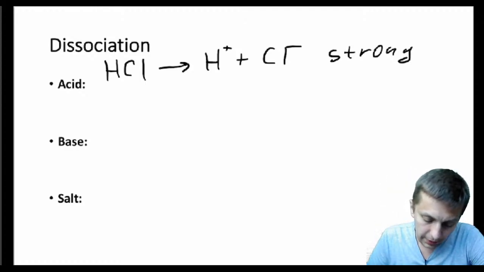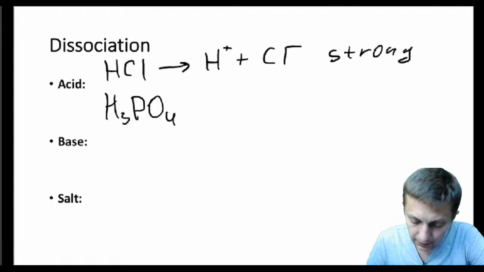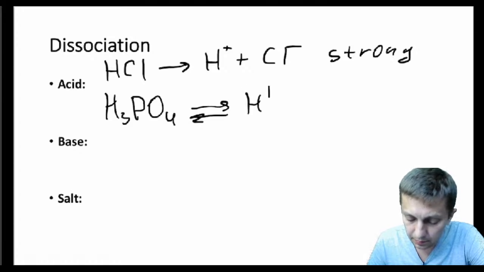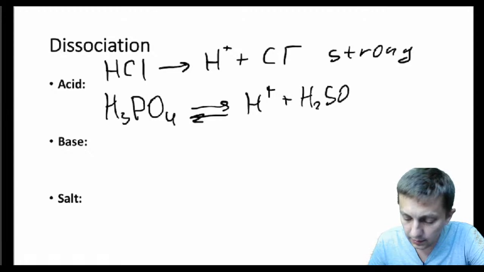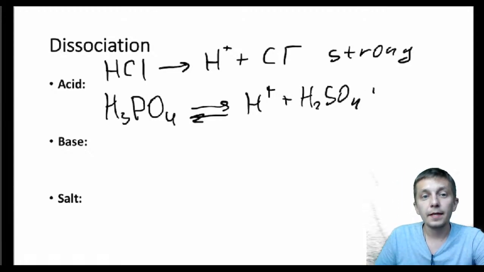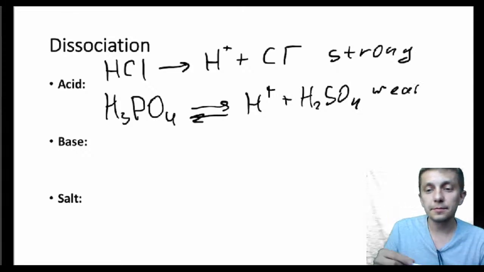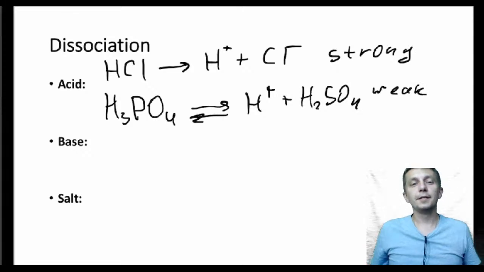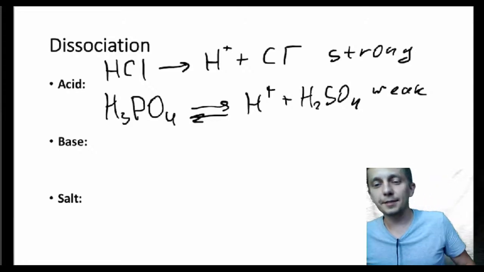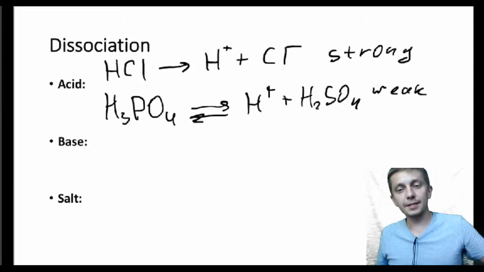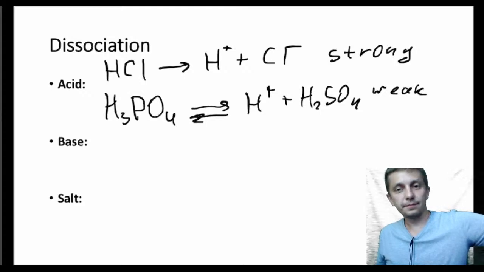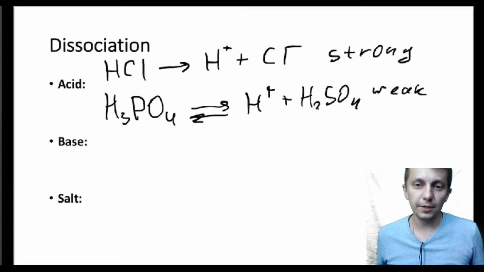Or phosphoric acid, it's a weak acid. It reversibly dissociates, producing H+ plus an anion. H2SO4. It's weak. And both these acids are right now in my stomach, one of them, hydrochloric acid, present in any stomach, and another acid, phosphoric.